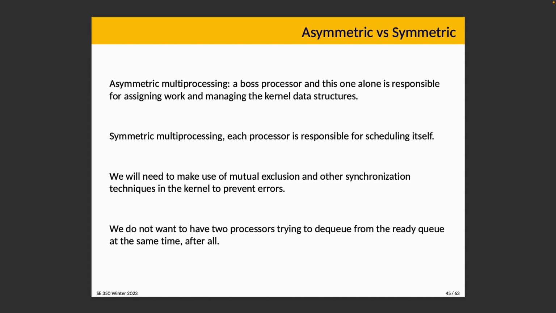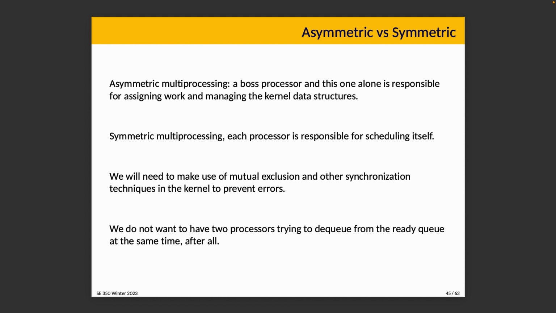Much more common is symmetric multiprocessing, also called SMP, if you've seen that abbreviation before. In that one, each processor is responsible for scheduling itself. That's a bit more complicated to manage to some extent, because we need to make use of mutual exclusion and other synchronization techniques in the kernel to make sure that everything works the way it's supposed to work.